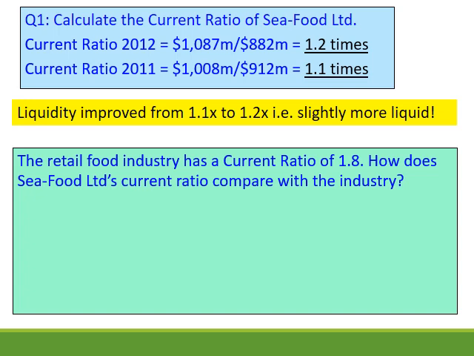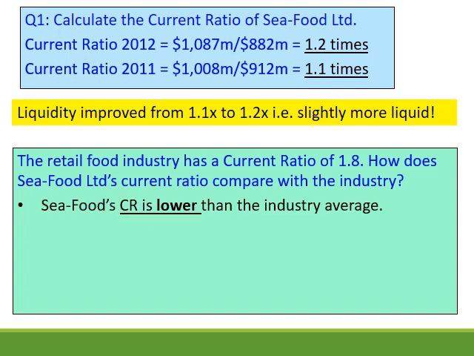The retail food industry has a current ratio of 1.8 times. How does Seafood Limited's current ratio compare with the industry? Of course, the Seafood current ratio is lower than the industry average.